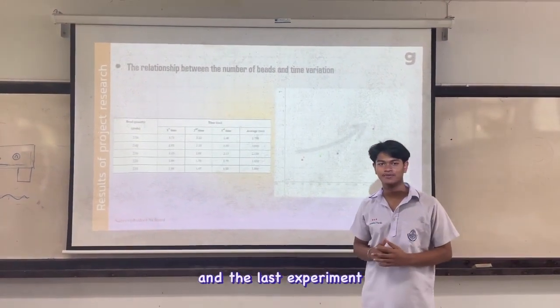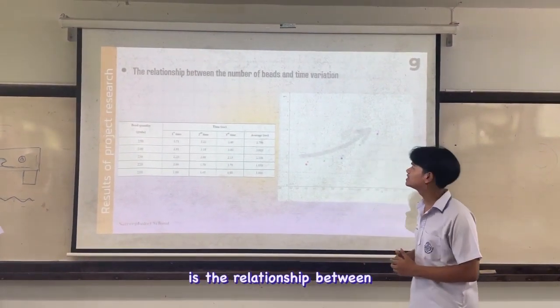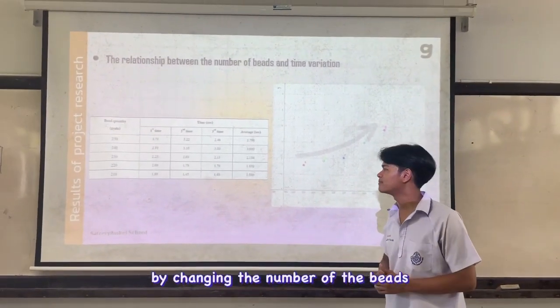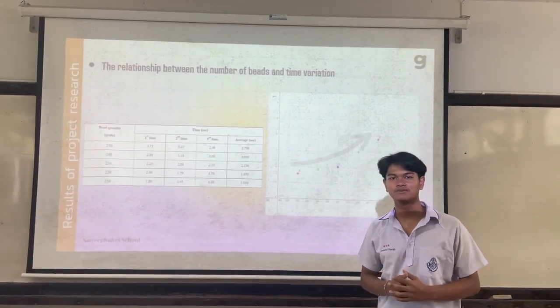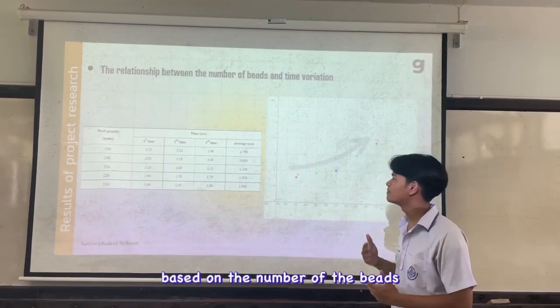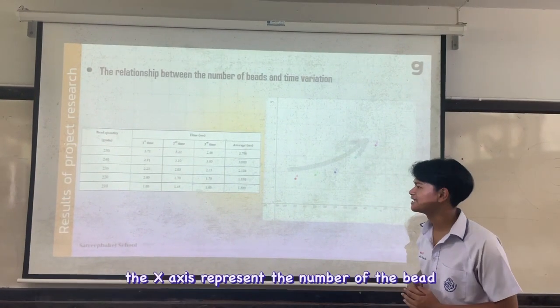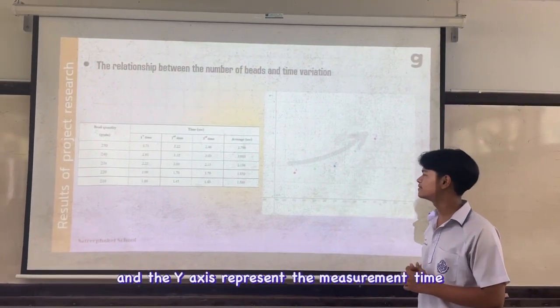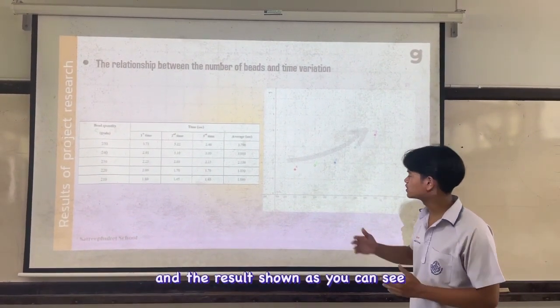And the last experiment is the relationship between the number of beads and time variation. By changing the number of beads, we obtain the average time based on the number of beads. Then the x-axis represents the number of beads and the y-axis represents the measured time. And the result is shown as you can see.